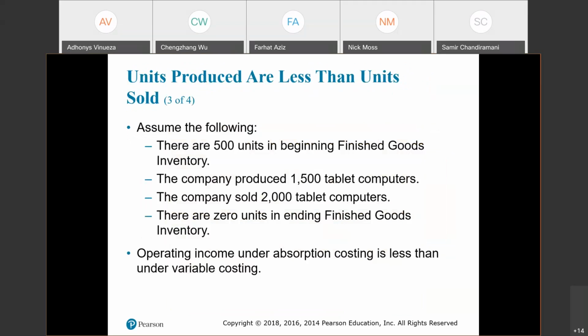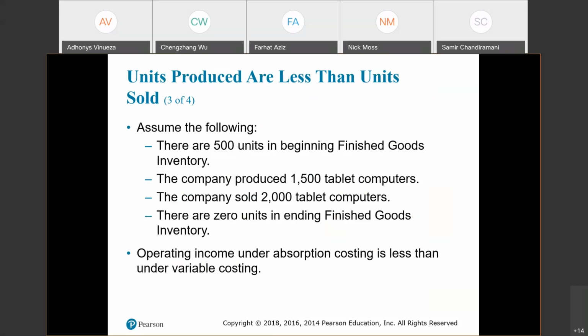So similarly, let's look at the third scenario. Let's assume there are 500 units in beginning finished goods inventory. The company produced 1,500 units, but sold 2,000 units.